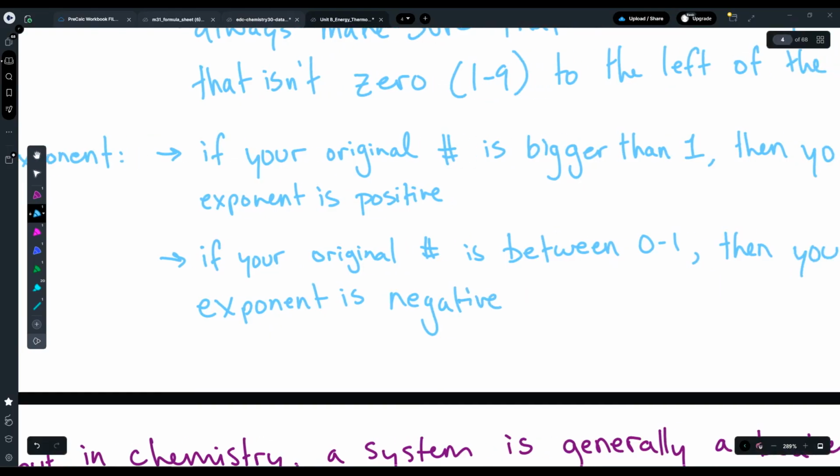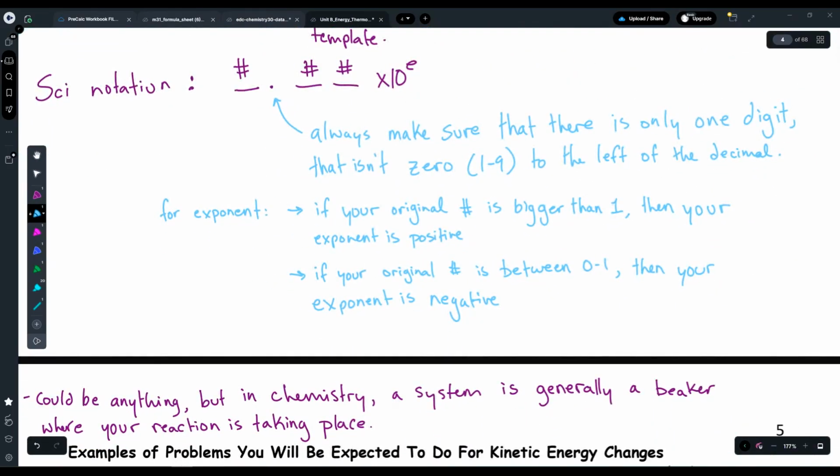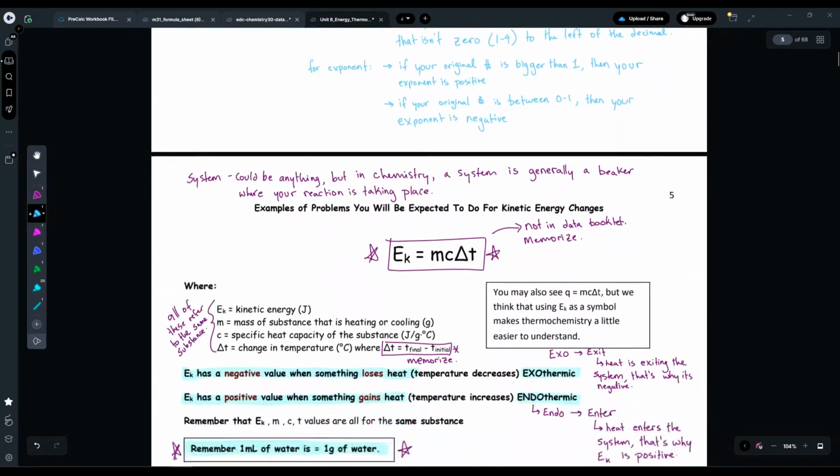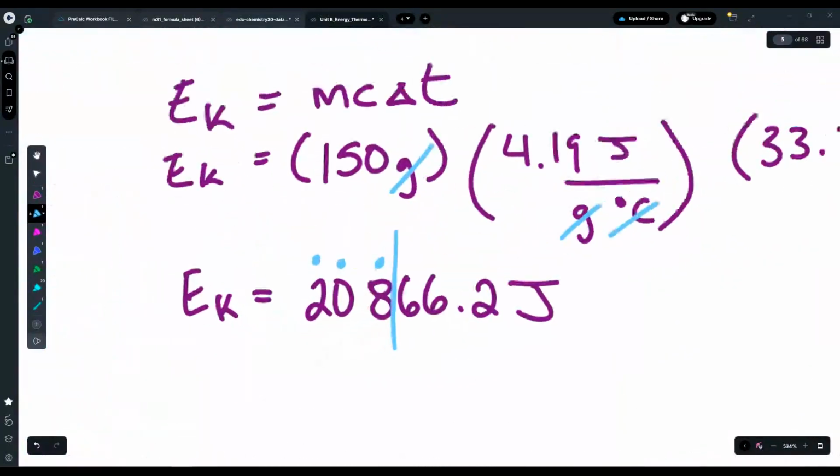So that's a quick refresher about scientific notation from previous science classes. All right, so let's apply this here.